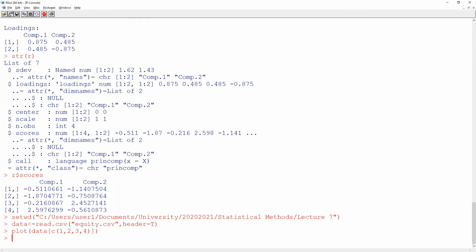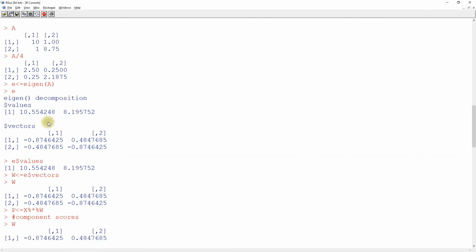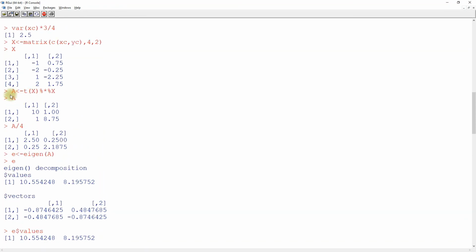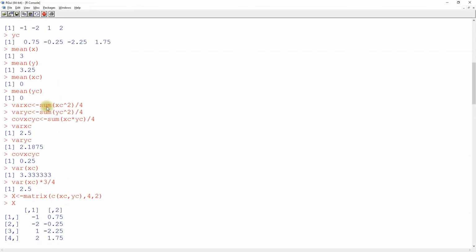Now, normally, you will note that if you were to go through the same procedure that I've been explaining earlier by computing the variance covariance matrix and everything, first of all, you need to center the data. Don't forget that.